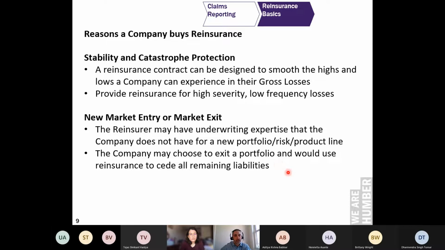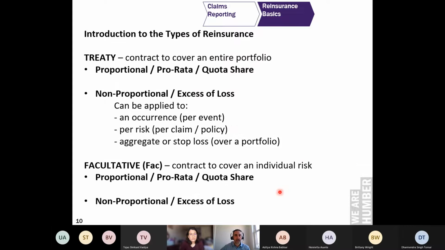Okay, so it's more than just the financials. A lot of these are relationships with the policyholder or relationships with the broker, and they could use reinsurance to maintain their net exposures. So, any questions, comments on that?